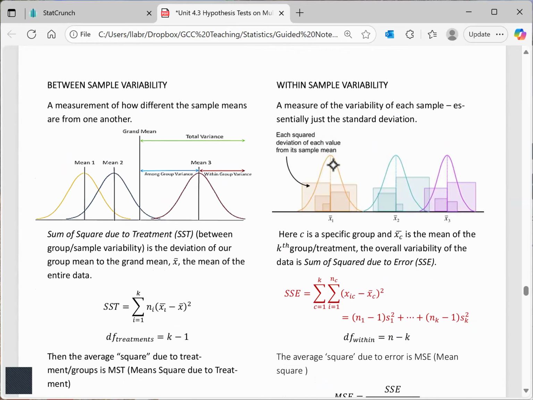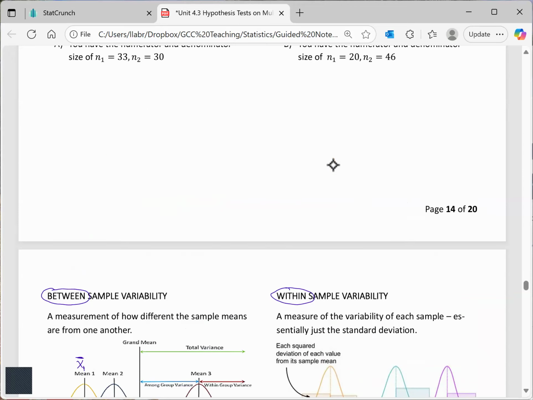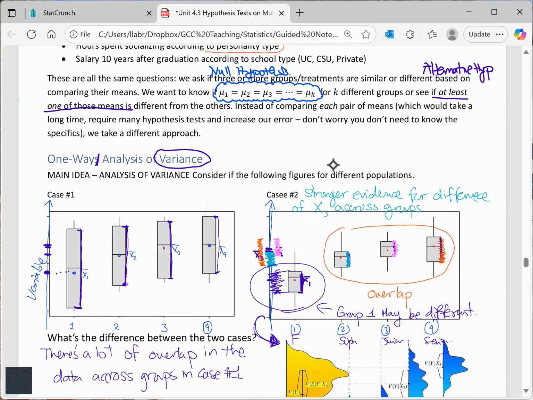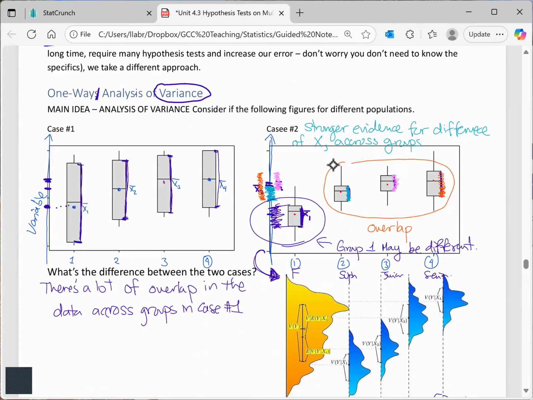So again, here are the keywords: between versus within. If you have group one, for example, it would follow some kind of distribution here under the gold, and it will provide an average, mean one. So that'll be the group one average, and that was the center of my box plot right here. So the center right there is mean one, mean two, mean three, and mean four.